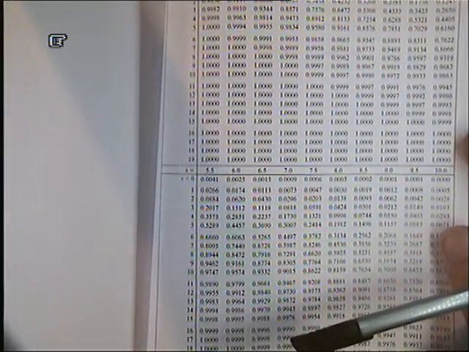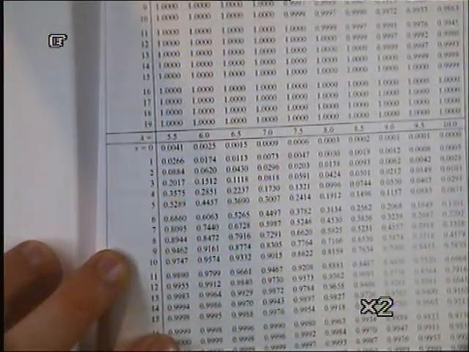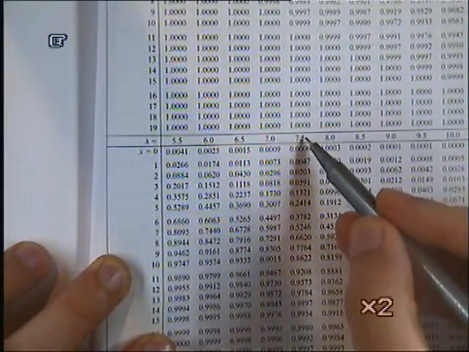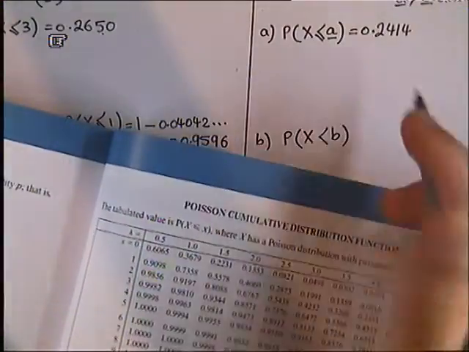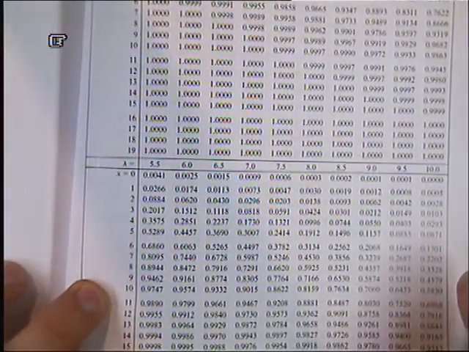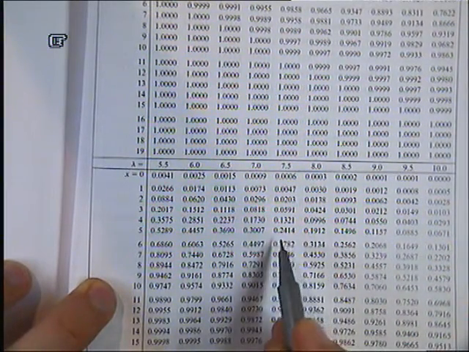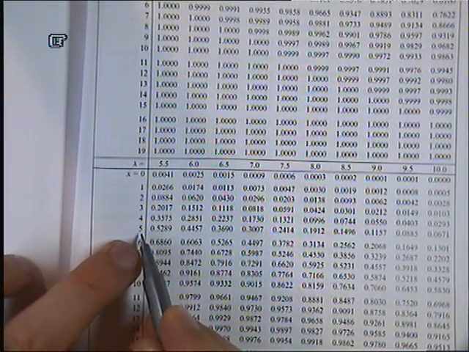Let's use the table first and then I'll show you how to use the calculator for this as well. Lambda is equal to 7.5, and the probability is given. The probability is 0.2414 up to 4 decimal places. If you join it to the x, you will get x equals 5.